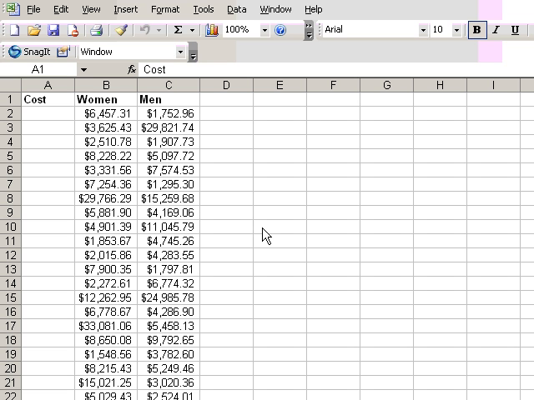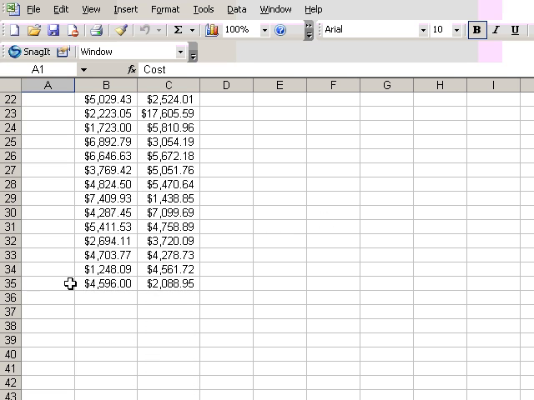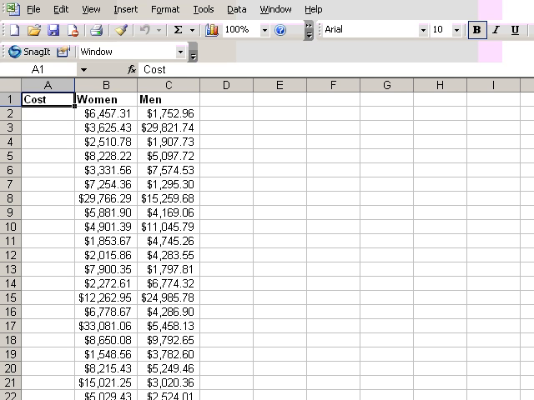In this example, we have a total of 34 men and 34 women. This goes down to 35, but we start in row 2. So we have two equal-sized groups.